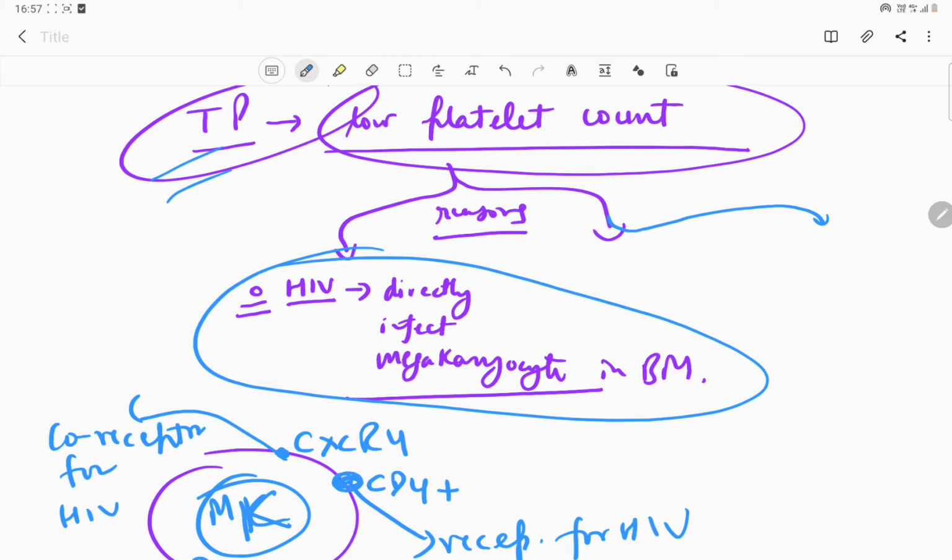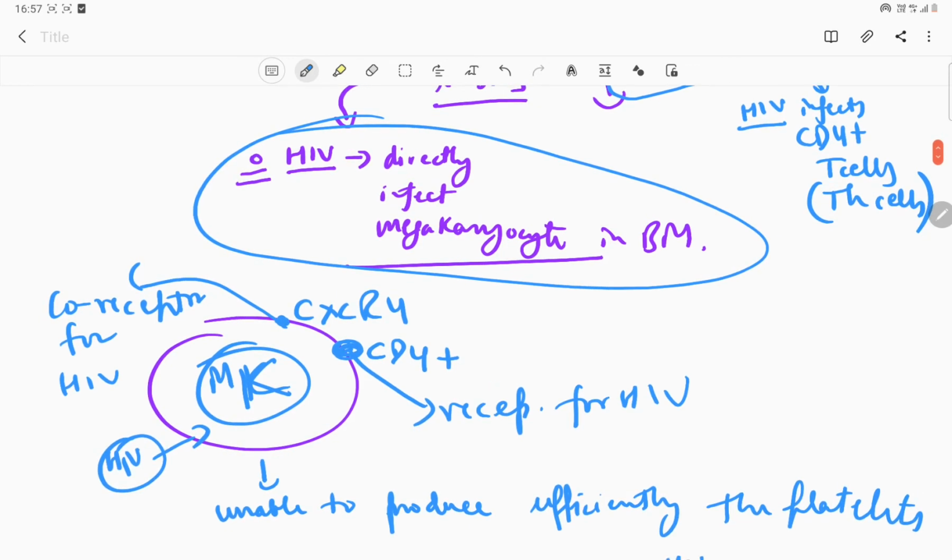infection is because the HIV infects the CD4 positive T cells, which are the helper T cells, TH cells. This causes B cell hyperplasia and its dysfunction.